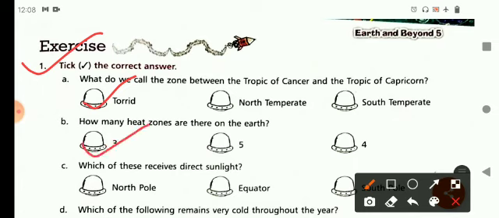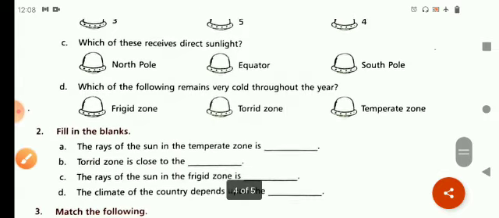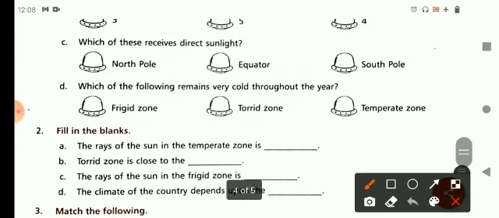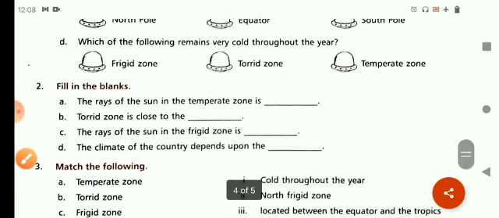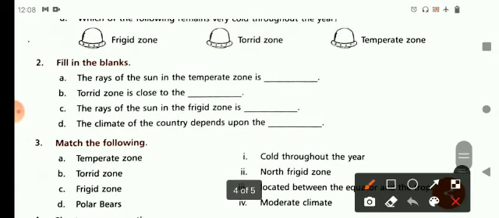The answer is 3 zones. Which of these receives direct sunlight? And the answer is equator. Which of the following remains very cold throughout the year? This is frigid zone.